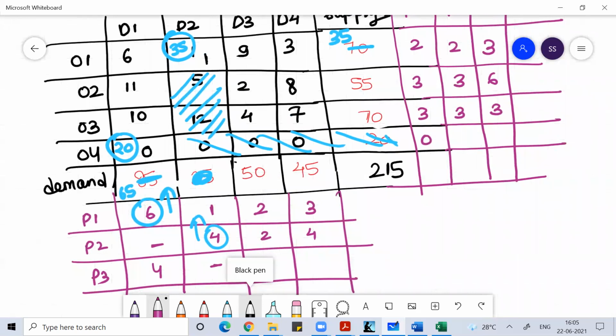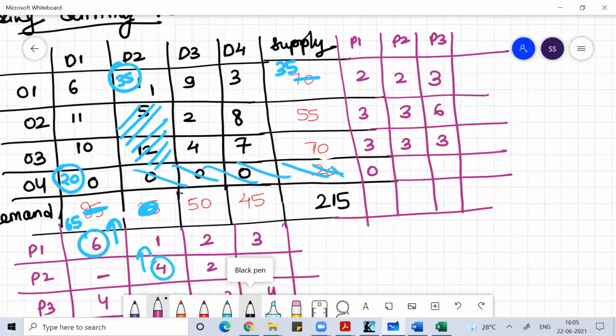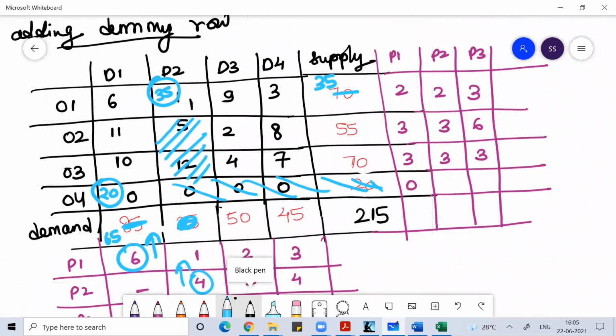Then this is 2, and then this is 4. So see guys, out of all penalties here, the largest one is 6. The smallest element in this row is 2, so this is 50. This is done. Nothing can be put on this. This will become 5.